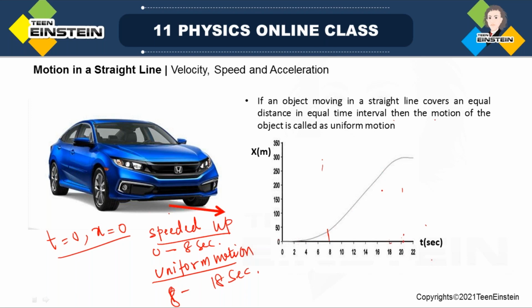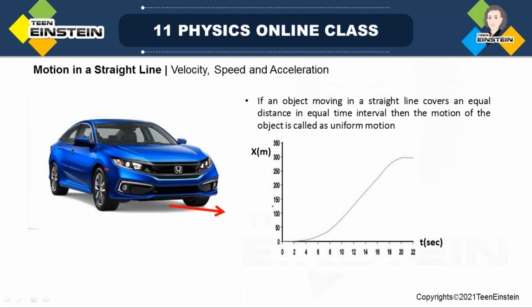Then after that, it is moving uniformly, that means in equal time intervals it travels equal distances. And from 18 to 20 seconds it stops, and further it is at rest. You might be thinking why I'm telling about this curve, because we will be analyzing this curve all the way while discussing speed, velocity, acceleration, etc.